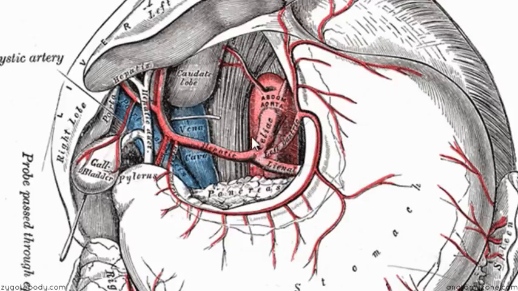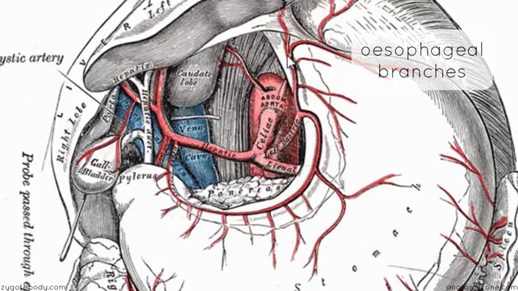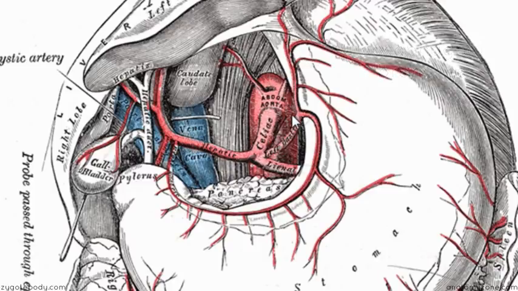So we've got the celiac trunk here, and the first artery coming off it is this artery called the left gastric. This artery ascends, and it continues upwards here and gives off esophageal branches to the distal part of the esophagus. And then you can see how the artery sharply curves around like this, and it runs along the lesser curvature of the stomach, and it gives off these branches which supply the surface of the stomach.